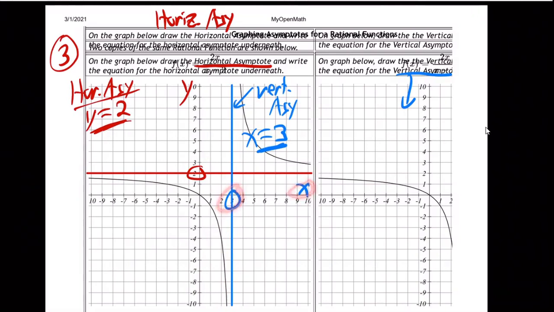Those are the invisible lines guiding the graph. You can see the branches are being guided up and down close to 3 and left and right close to a height of 2. The invisible guidelines. That's what asymptote lines are. They're invisible guidelines of the graph. So that's all they want. There we go.